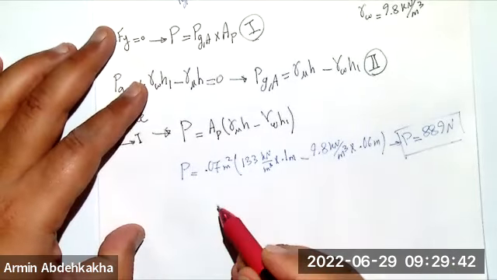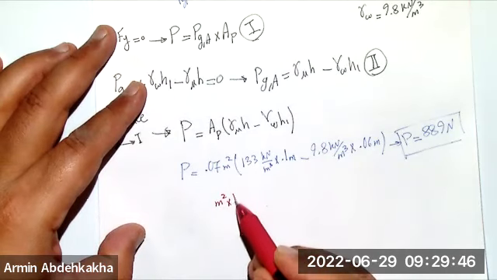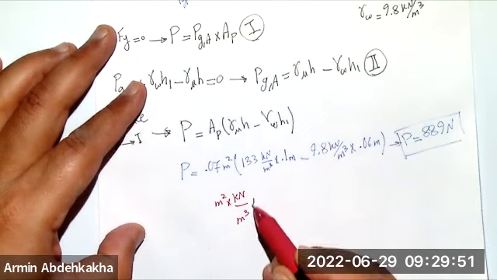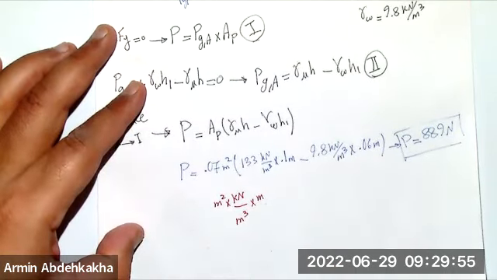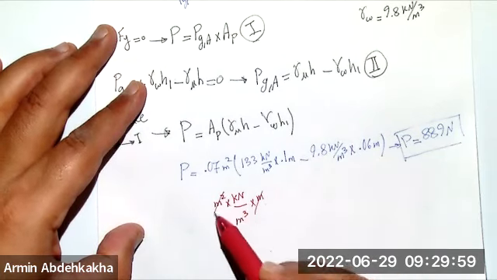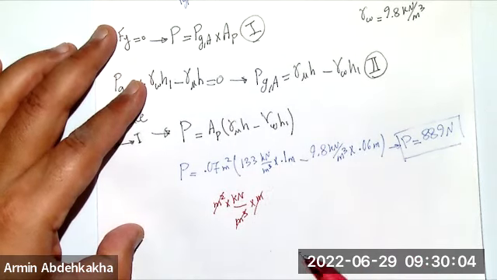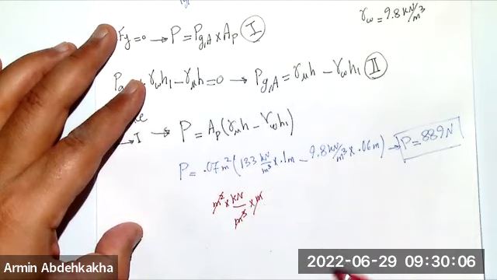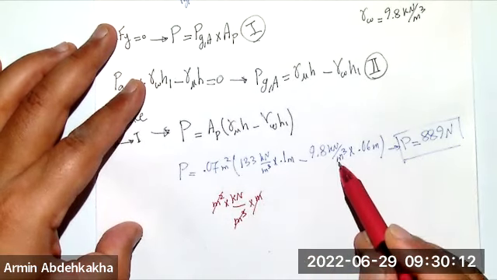And if we check the units, meter cube times kilonewton per meter cube times meter, right? Then these are going to all cancel out for the first term. And you know that's the dimensional homogeneity. So this one times the second one also should give you the same unit if you multiply that in.